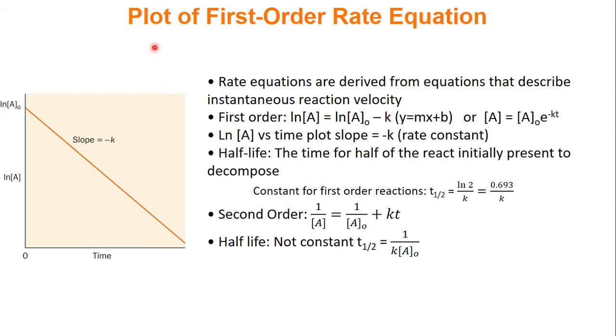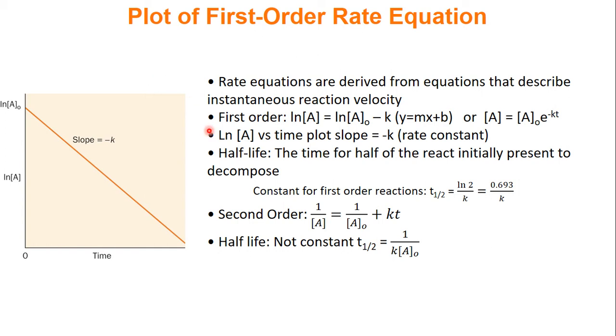So let's look at first order reactions. We're going to be talking about rate equations, and they will help us talk about the instantaneous reaction velocity, or the speed of the reaction at the very start of the reaction.